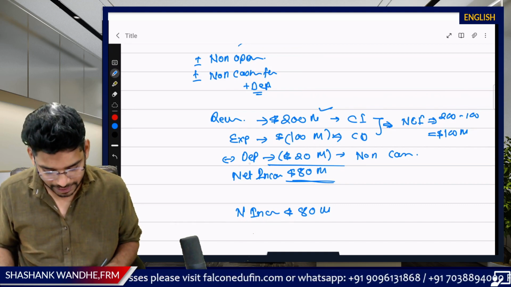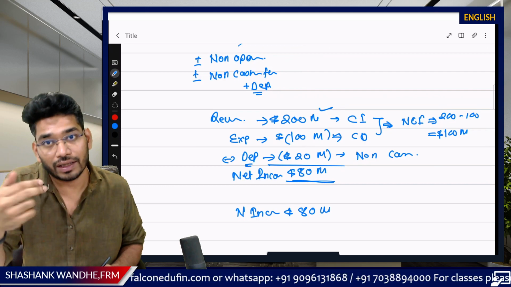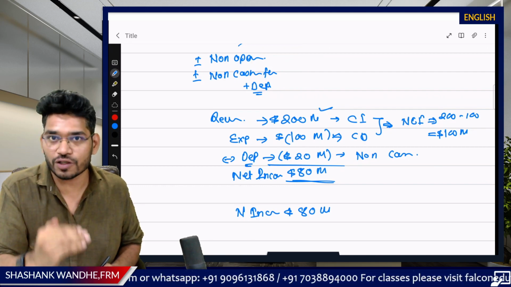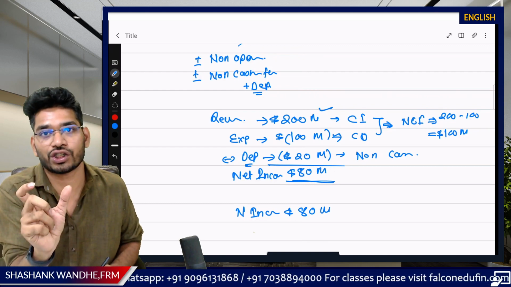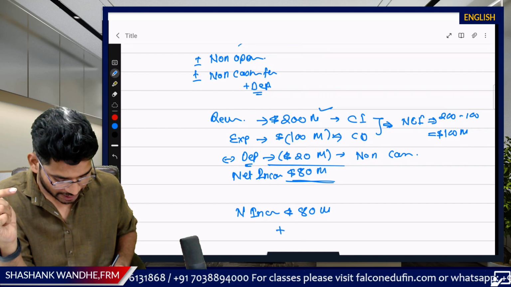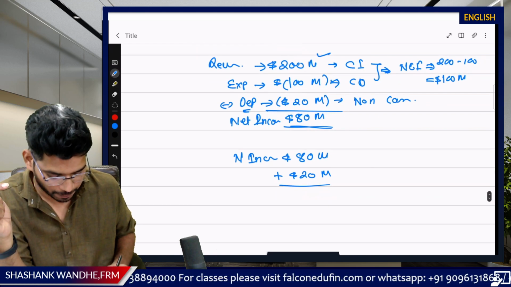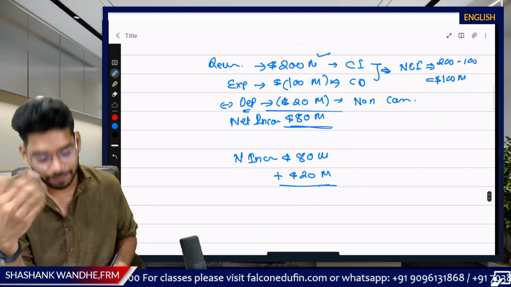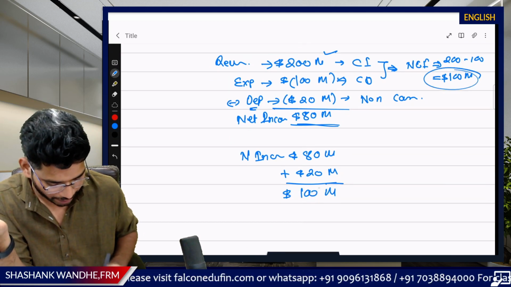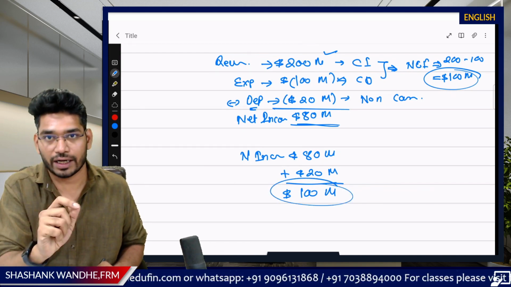I know this net income got impacted, reduced by the depreciation, which is of a non-cash nature. So to arrive at the cash flow, I will simply add this non-cash expense back to net income, and automatically I will get 100 million, which is the same. That's why we add back the non-cash item here.